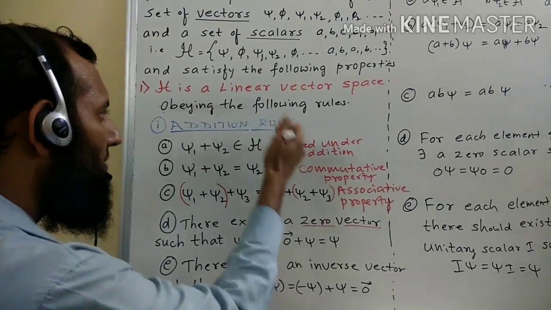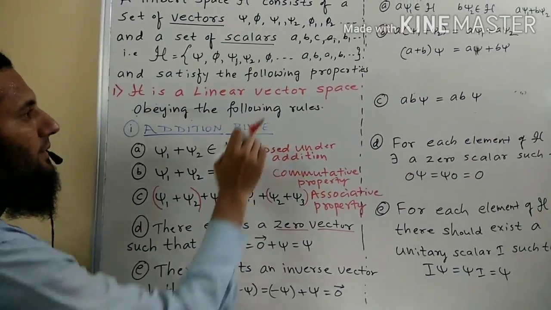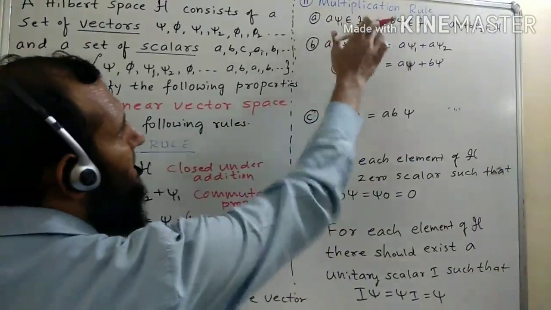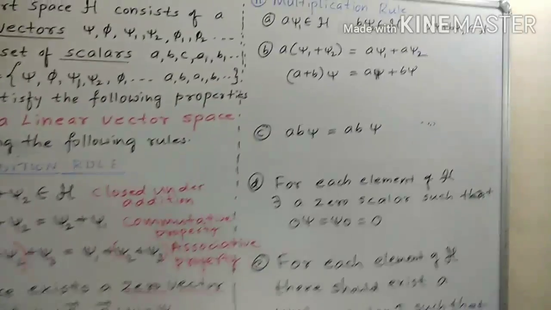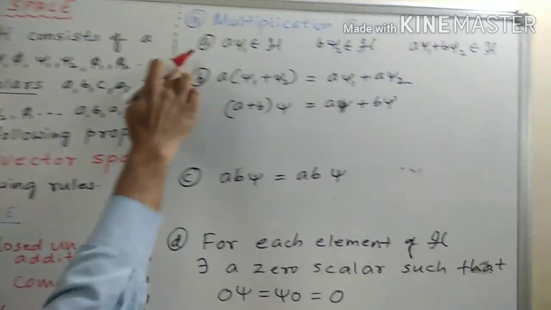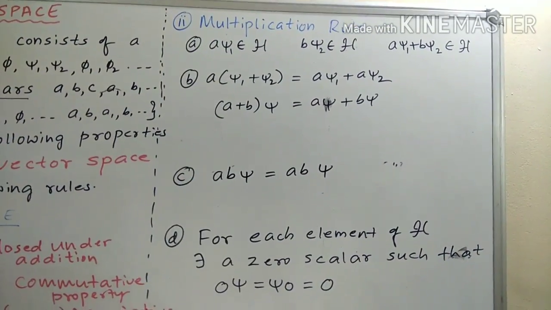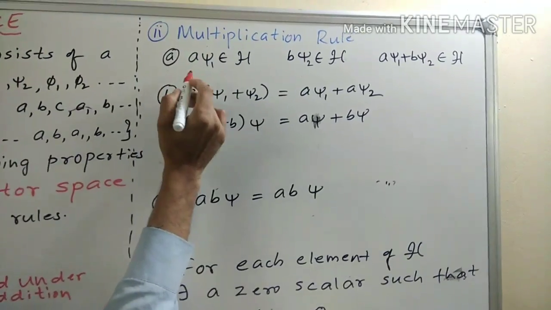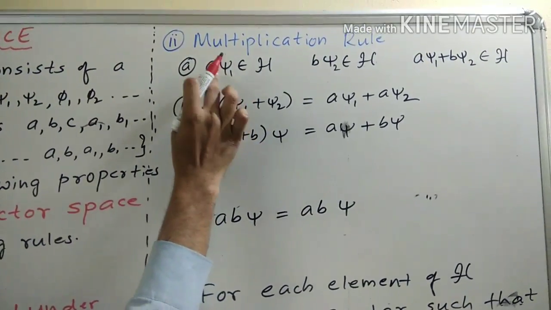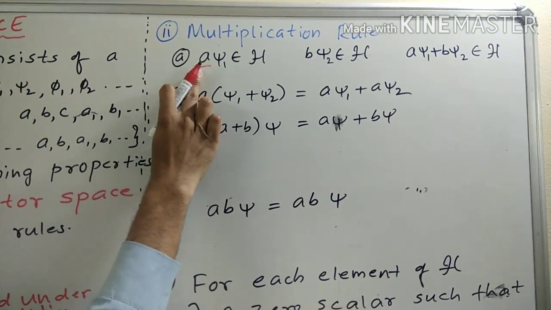In addition to this addition rule, the vector space should also obey the multiplication rule. Again, in the multiplication rule, there are 5 properties. The first one is, let us consider a scalar A, and this scalar A belongs to the Hilbert space.